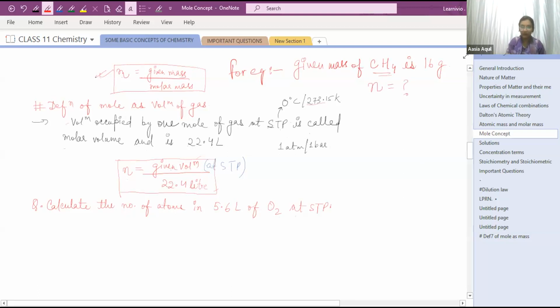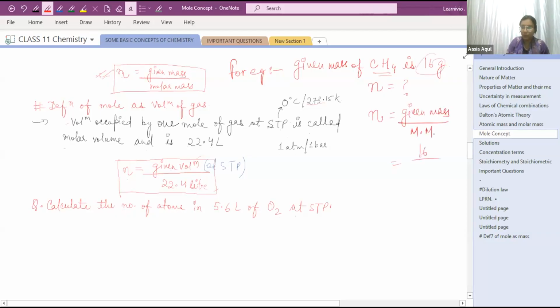See here, we will use this formula because given mass is given, and we know the molar mass. How to calculate the molar mass? Using the CH4 formula, we know very well, right? So write down the formula first: given mass upon molar mass. Given mass is 16 gram.